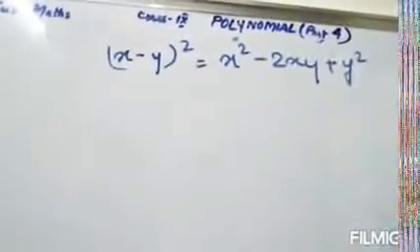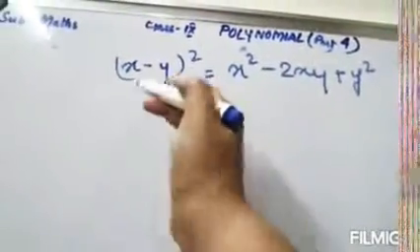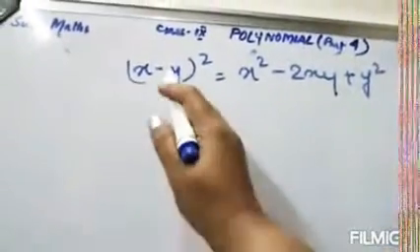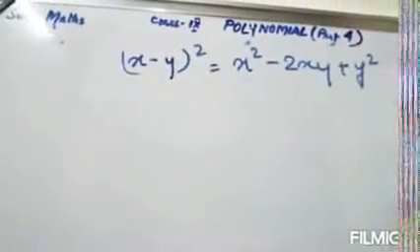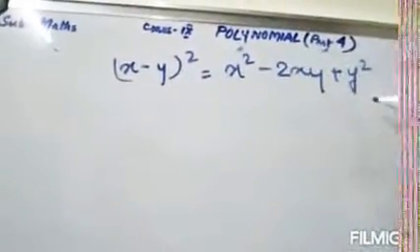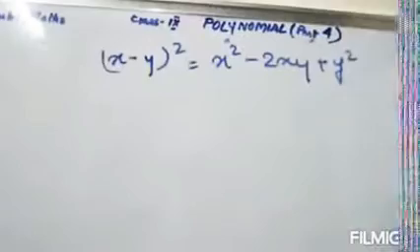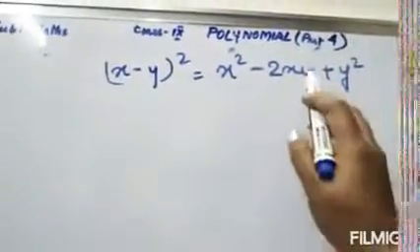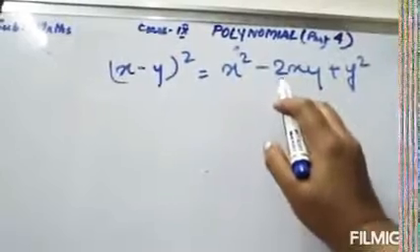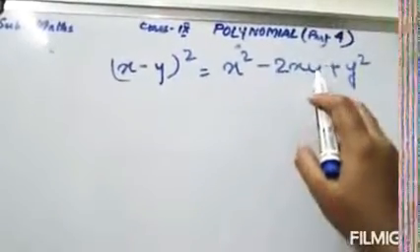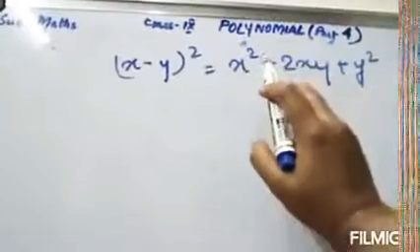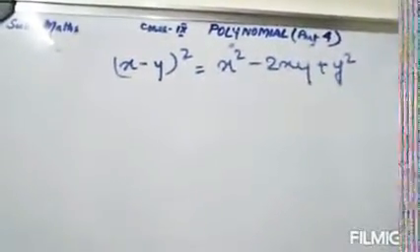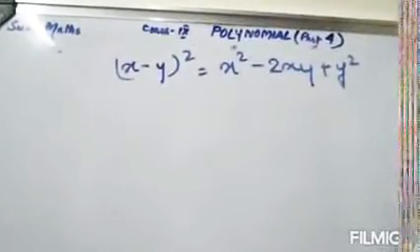Why rest all remains the same? Let me tell you. X is positive, so it will be x square. Now here y is negative. Now negative, but we find out the square of it, so negative into negative will become positive. But here you see x is positive, 2 is also positive, but y was negative, so that is the reason we write minus 2xy. Understood? These are the two identities you already know.